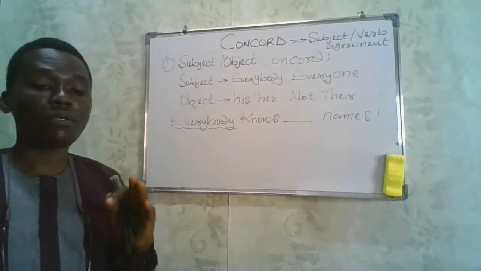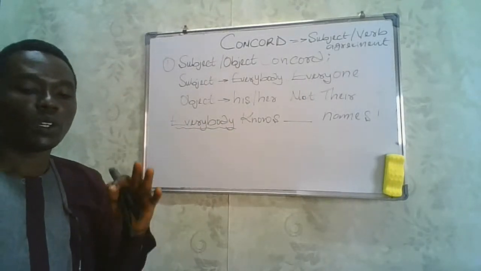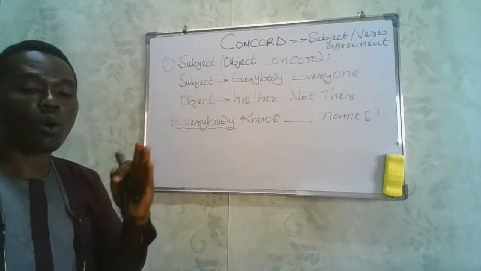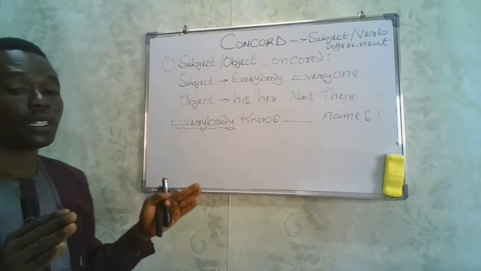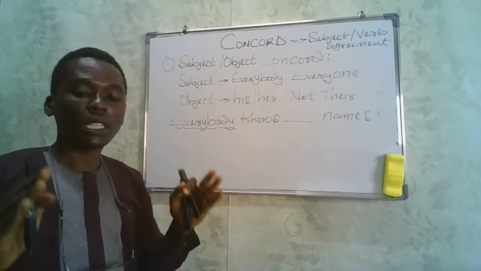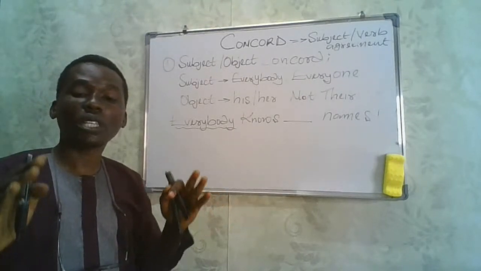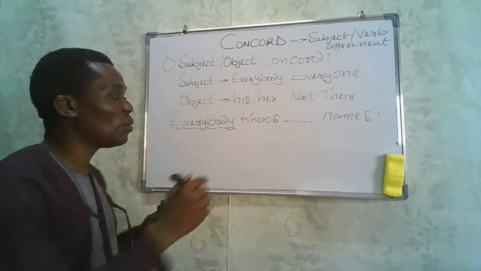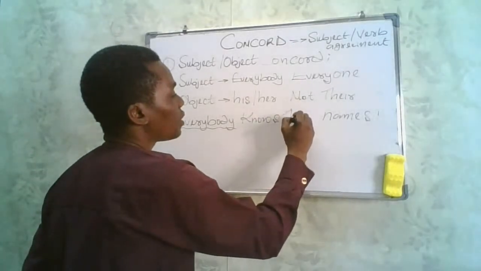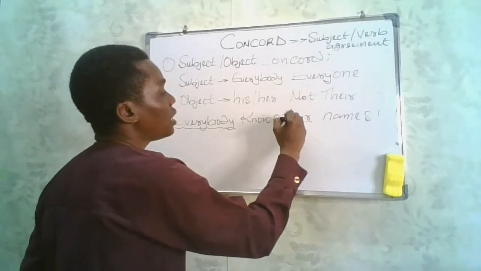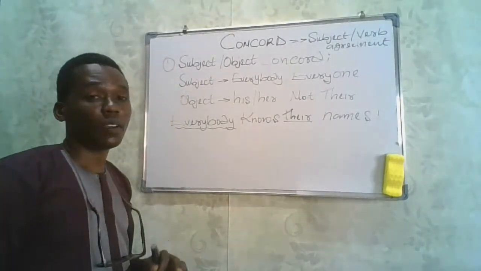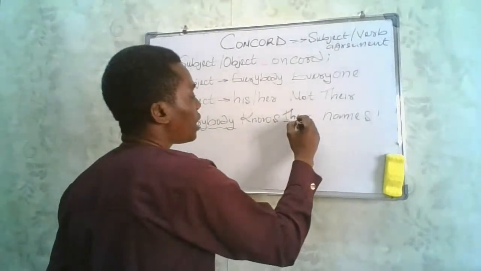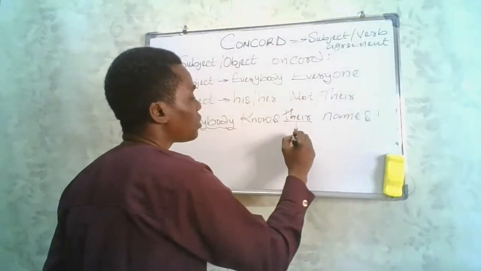So whenever everybody is used, this requires you picking his or hers. Everybody, this is American English and is not acceptable in JAMB. In American English, we can say everybody knows their names.